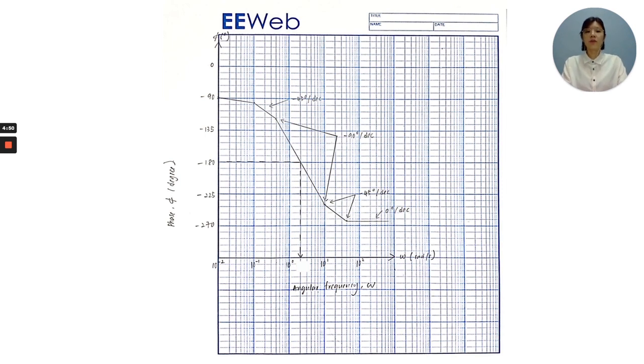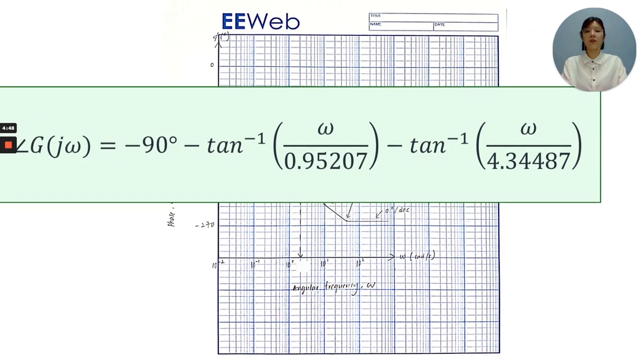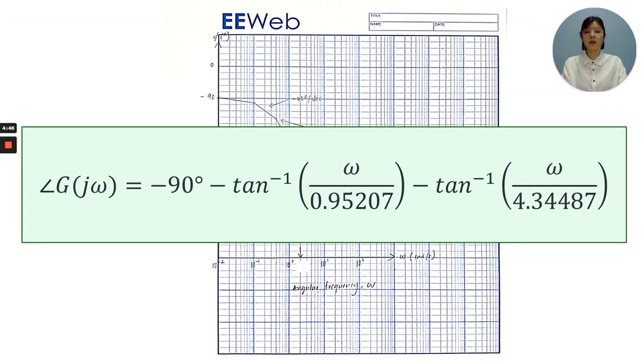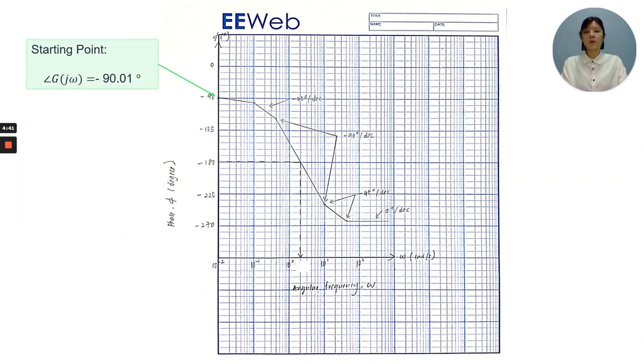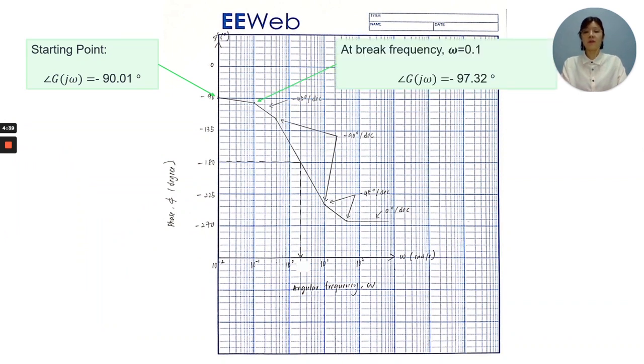In order to sketch the phase plot, we use the formula for finding the phase angle at the corresponding frequency and break frequency. The phase plot starts at negative 90 degrees. At the break frequency 0.1 radian per second, the slope begins downwards with a negative 45 degree per decade slope.